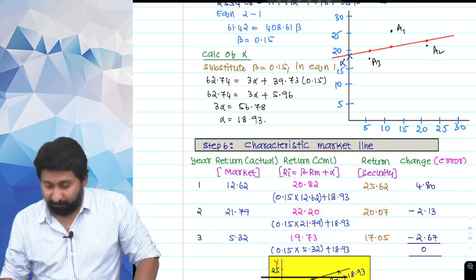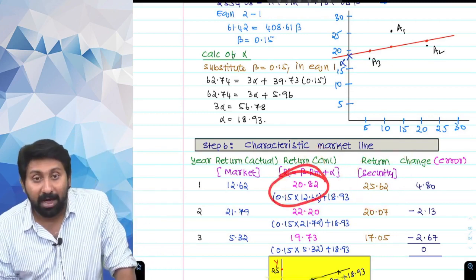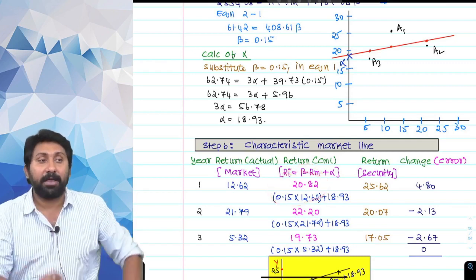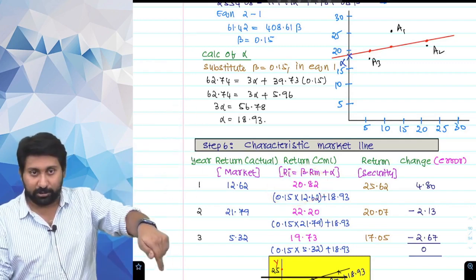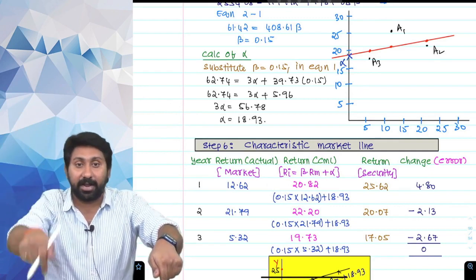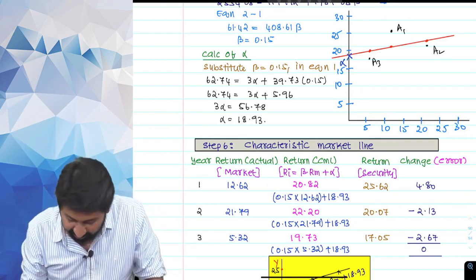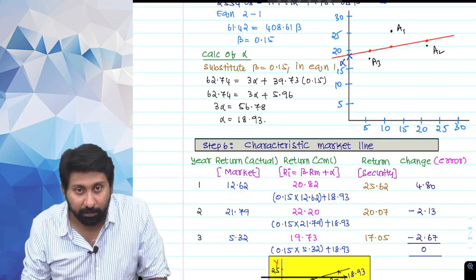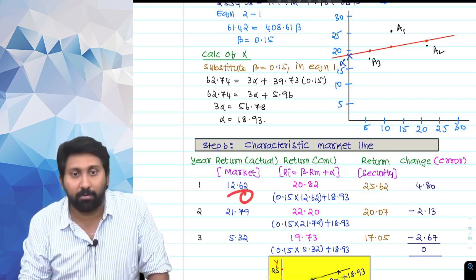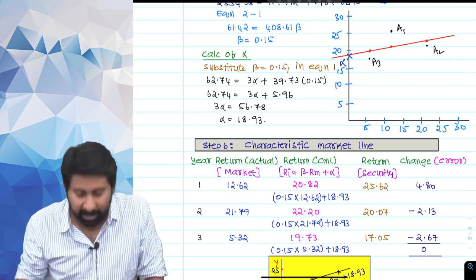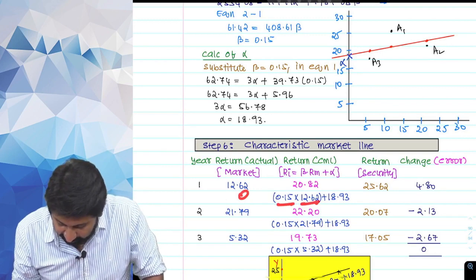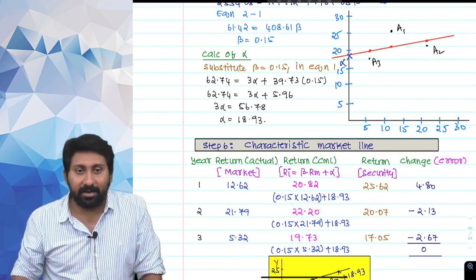So because of the market, how much return did you get? Because the market is at 12.62, you are getting 20.82 return. I will tell you one thing here. If the market is 0, what will happen? Tell me. 0.15 into 0, I will get an 18.93 return.